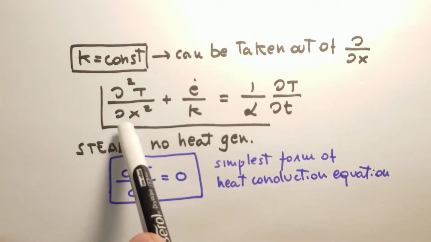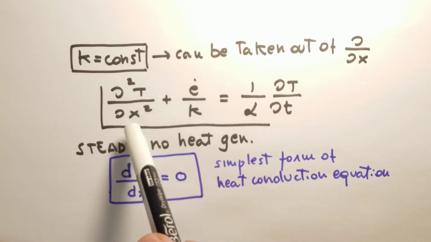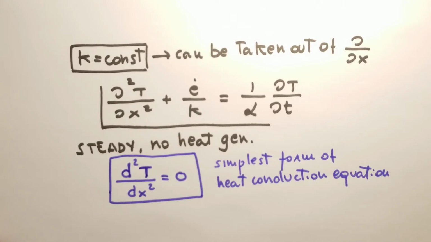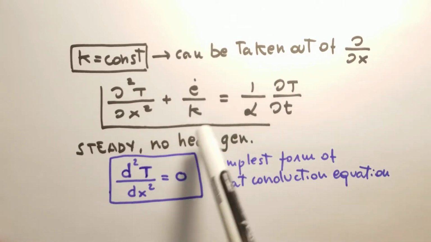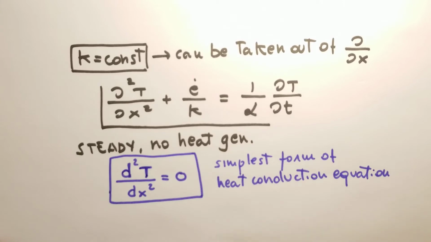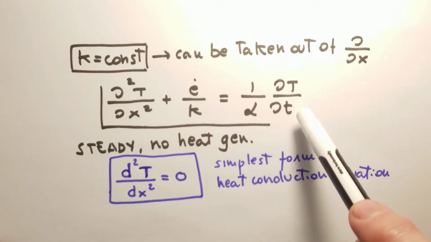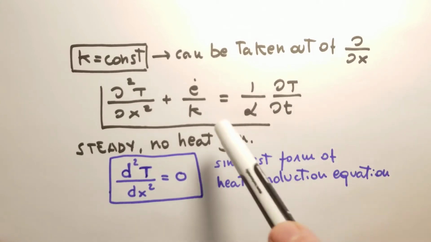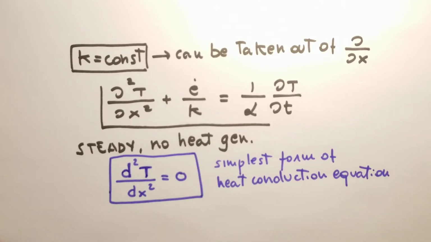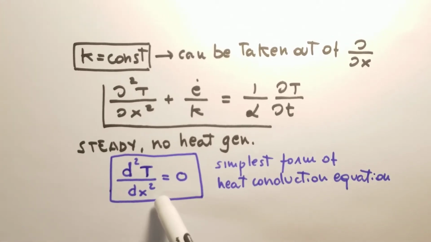So now we have the second derivative of the temperature with respect to x. Now, if we simplify even further and we consider a steady case, then the partial derivative with respect to time is equal to 0. We have no heat generation. We find simply that the second derivative of the temperature with respect to x is equal to 0, and this is the simplest form of heat conduction equation.